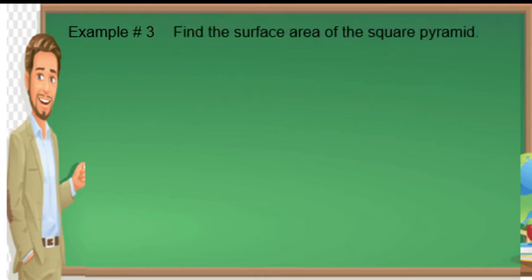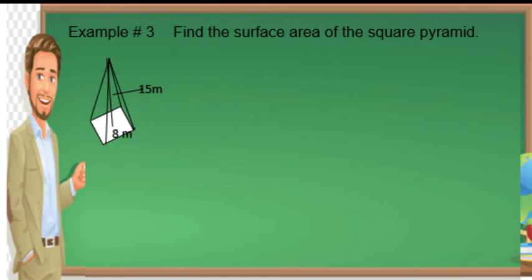Okay, find the surface area of the square pyramid. So this is a square pyramid with the dimension of 15 meters as the height. So this is not the actual measurement. We didn't draw this to actual scale. I'm just drawing the figure.